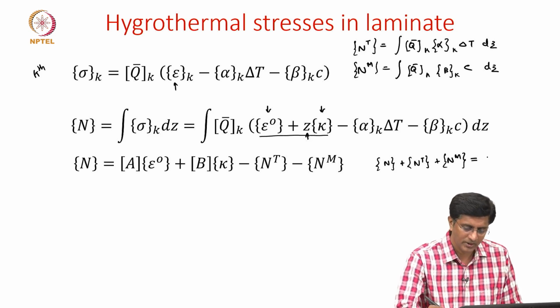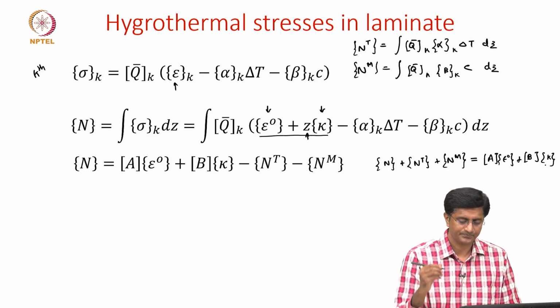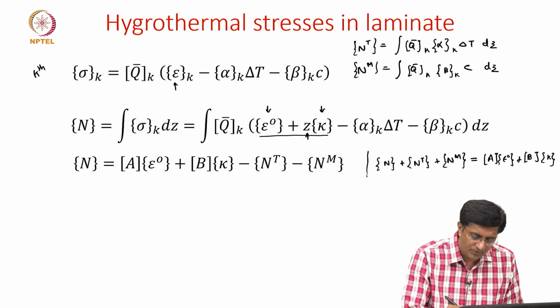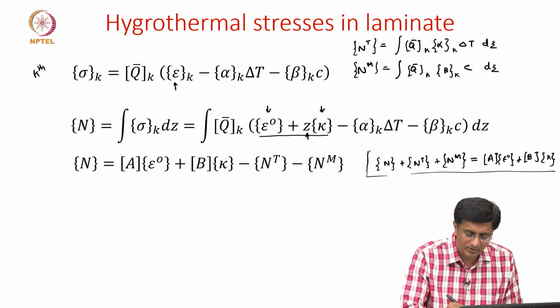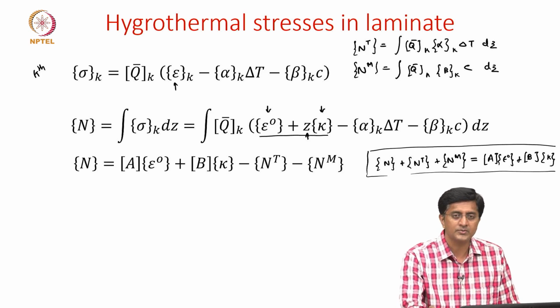This sum can be written as A times the strains in the mid surface plus B matrix times the curvatures kappa. So here we have shown the relation between the forces and the matrices A and B, in terms of the strains at the mid surface and curvatures.